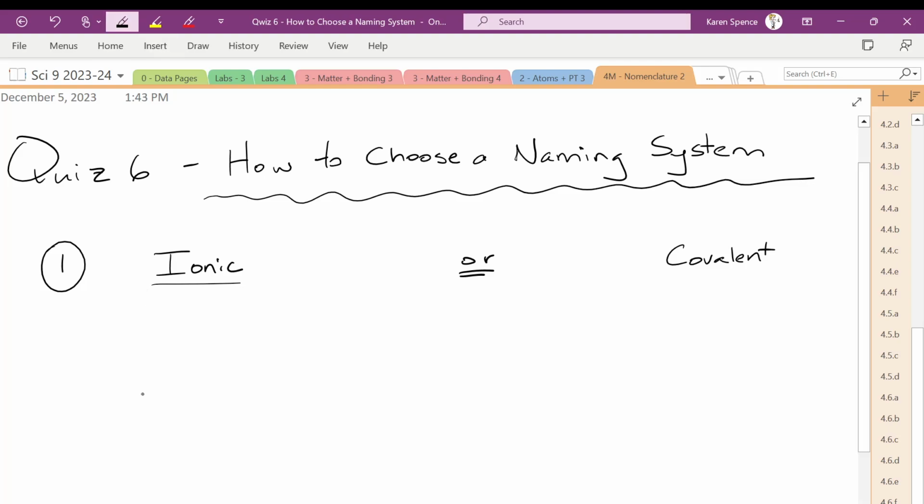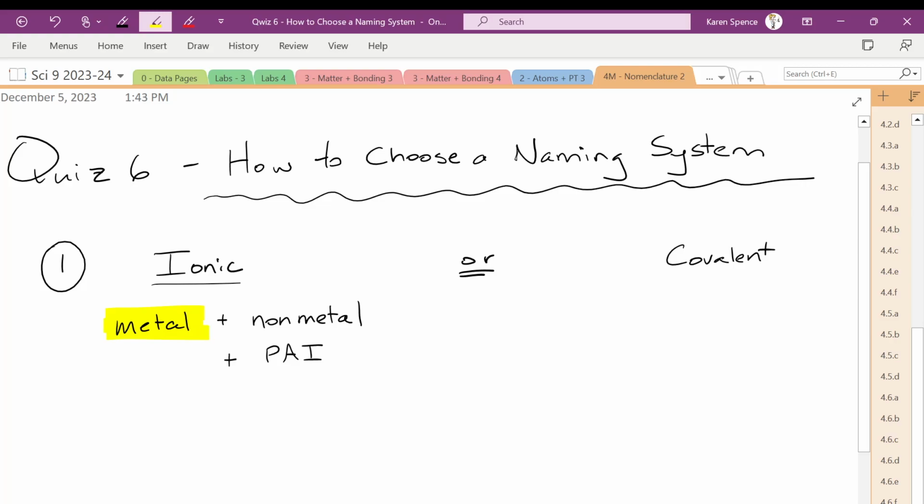It starts with a metal, so you could have a metal and you could have a non-metal. Or you could have a metal plus a polyatomic ion, okay? Is there another alternative to having a metal at the front of an ionic compound?